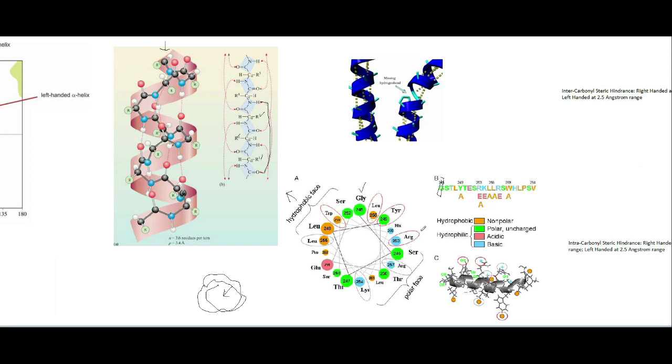Arginine is a charged molecule, like right here, we have OH, which can form hydrogen bonds, and then we have down here our hydrophobic face. So the polar face is going to be facing out into the water solution, and so that's how these alpha helices can exist in the protein.